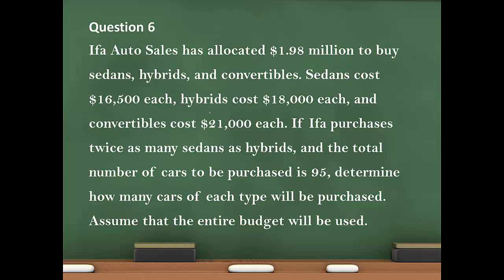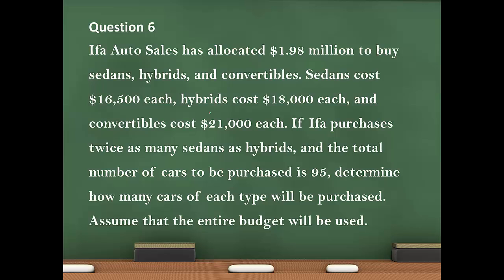Question 6. IFA Auto Sales has allocated $1.98 million to buy sedans, hybrids, and convertibles. Sedans cost $16,500 each.